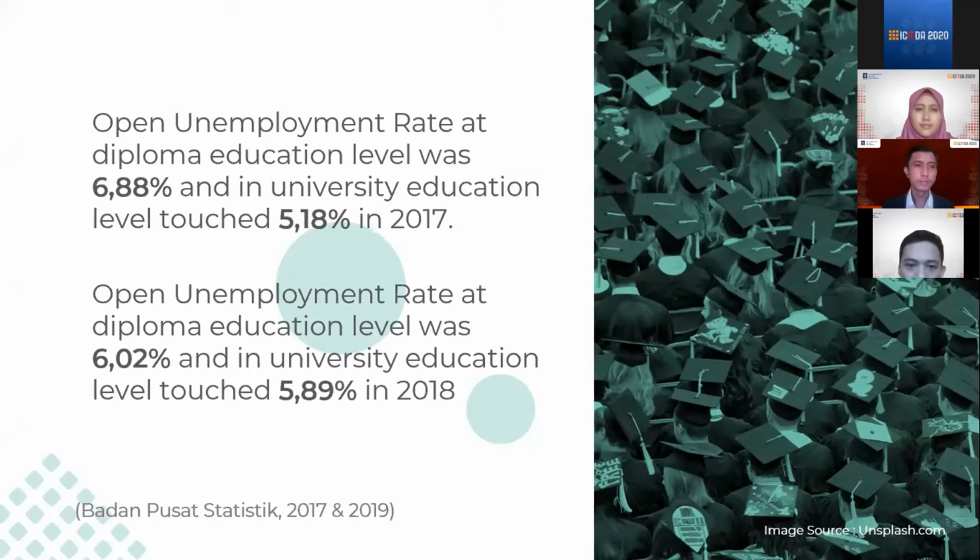At the diploma level it touched 6.88%, and at the university level it was 5.18% in 2017. The next year, 2018, the diploma-level unemployment rate was 6.02%, and the university level was 5.89%.